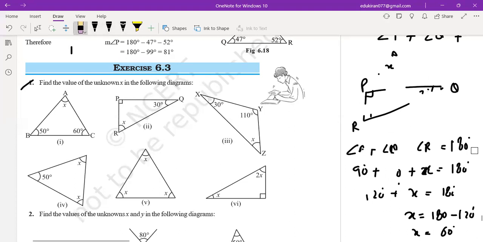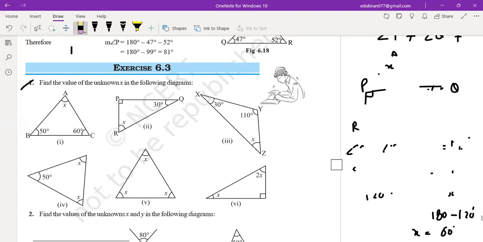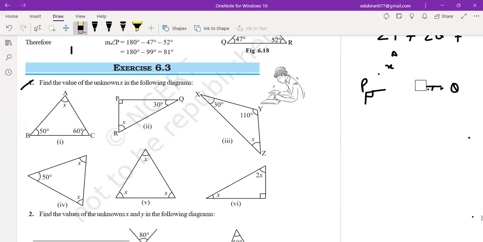Okay. Now coming to the third one. Third one, I think you both did, na? Yes, ma'am. Sindhu, you also did? Yes. Okay, so for the third one, what did you people get? Ma'am, I got 40. What about Sindhu? 30.